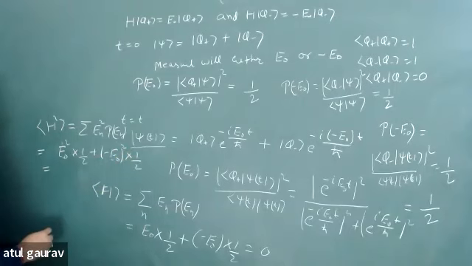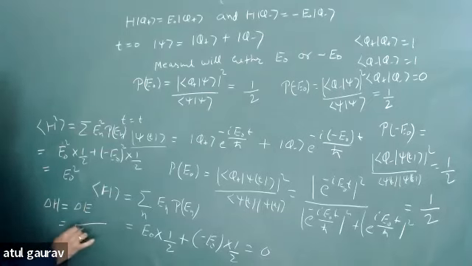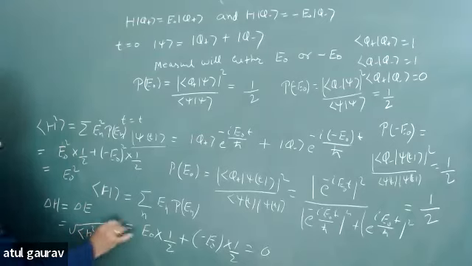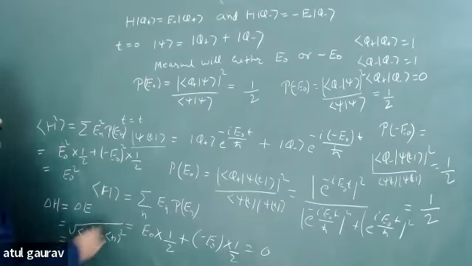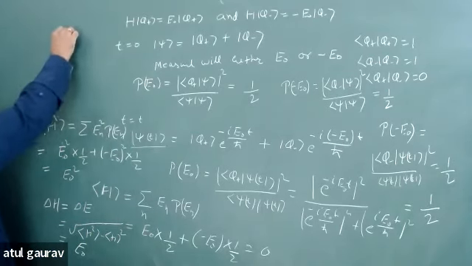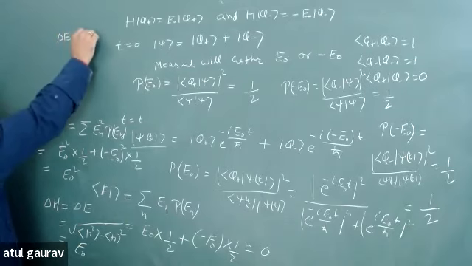So what is this value? E naught square. So can we calculate delta H also? Yes, sir. What will be delta H? This delta H is nothing but delta E. That value is the square root of the average value of H square minus the average value of H whole square, and you will get E naught. So delta E is nothing but E naught.